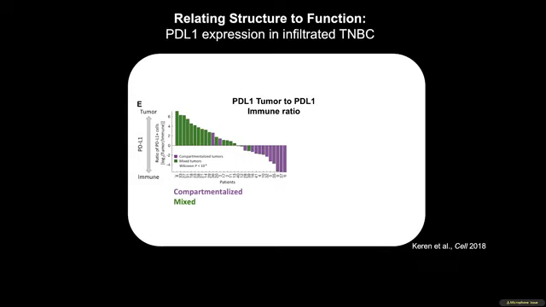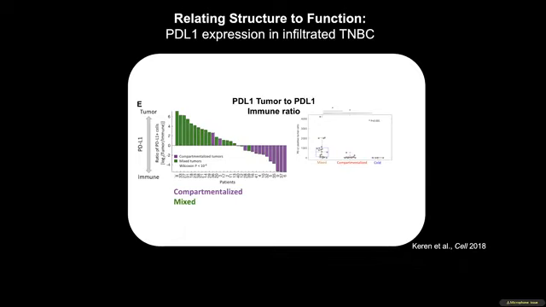And this wasn't purely a ratiometric phenomenon. If you looked at it in raw numbers, indeed, the mixed tumors had far more PD-L1 positive tumor cells than the compartmentalized tumors.